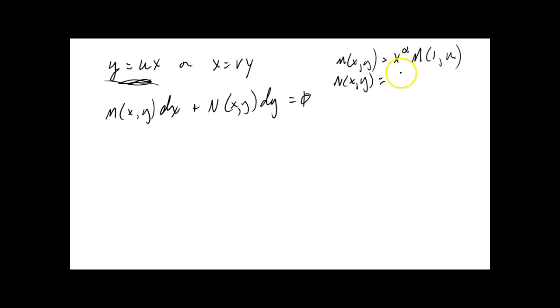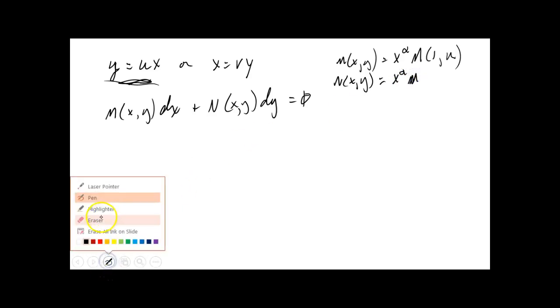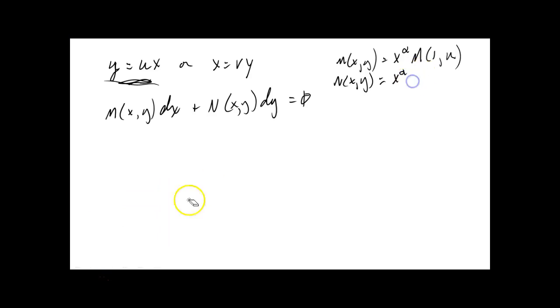So you can rewrite this as x to the alpha N of 1,u. That was your second substitution, where u is equal to y over x.